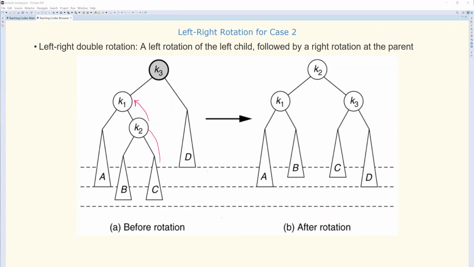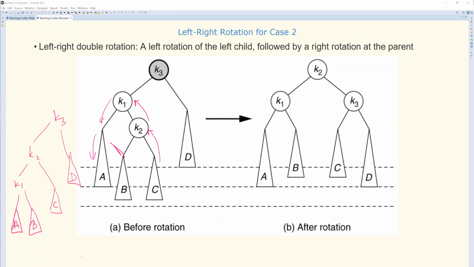K2 will go up together with C. K1 will go down together with A. And B will get adopted here. So what I will end up with is K2, K1, A. B gets adopted by K1, and K2 has C here. And remember, it was connected to K3, which is connected to D here.